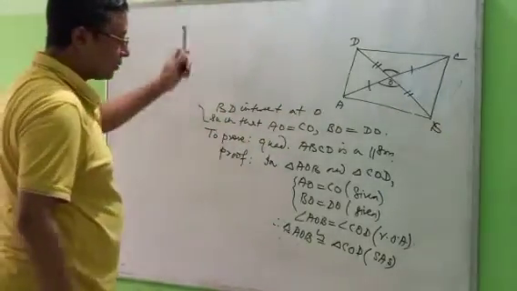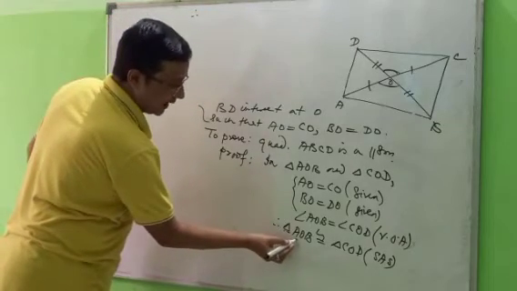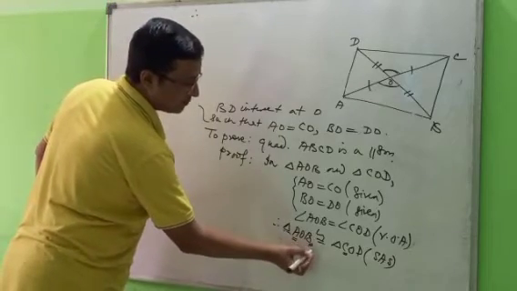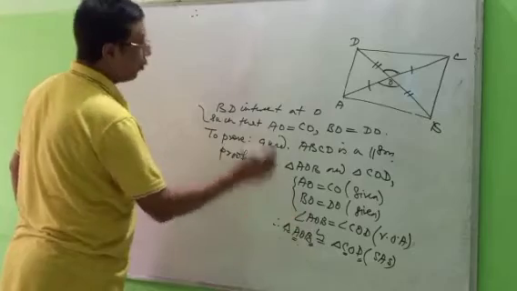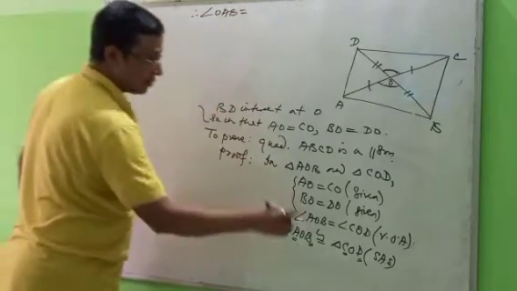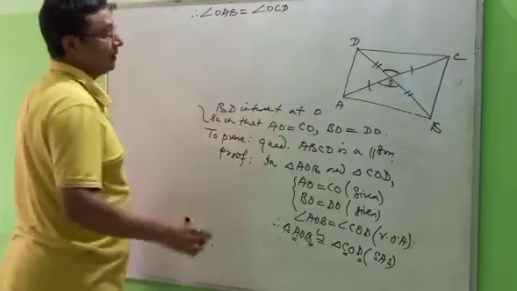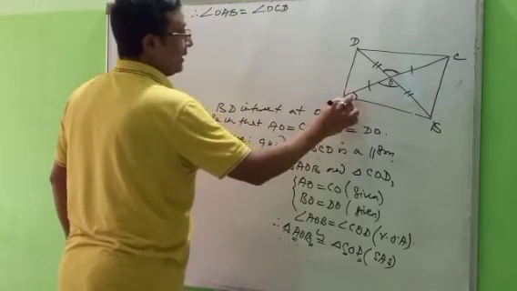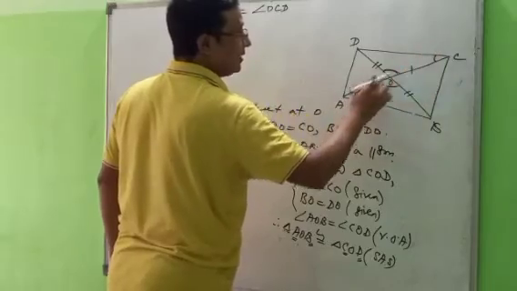Now, as the two triangles are congruent, their corresponding parts, that is angle A corresponds with angle C and angle B corresponds with angle D. So angle OAB is equal to angle OCD. These two angles are equal.